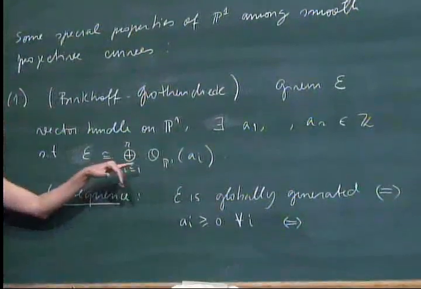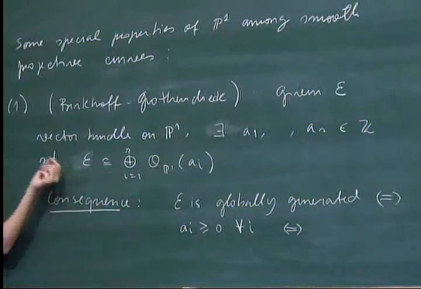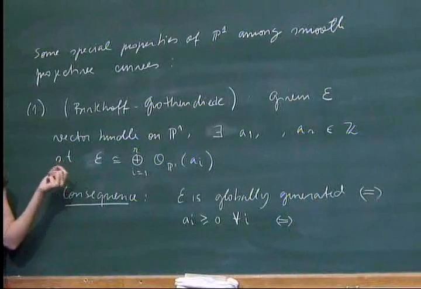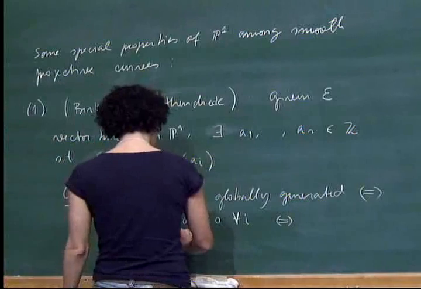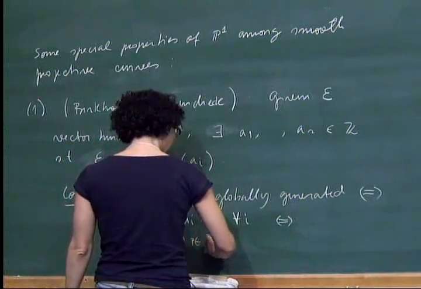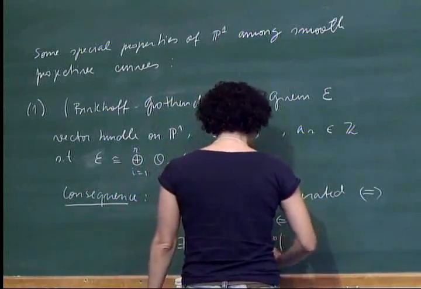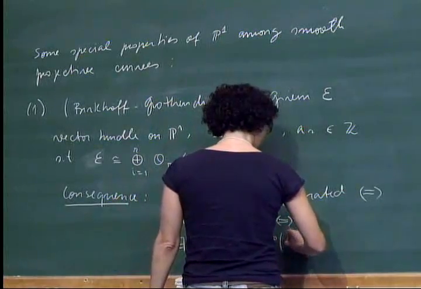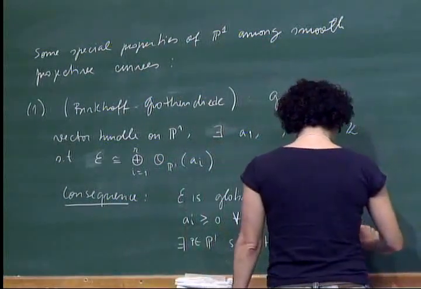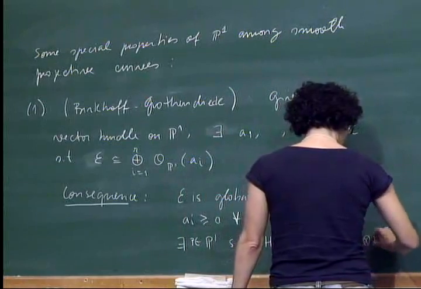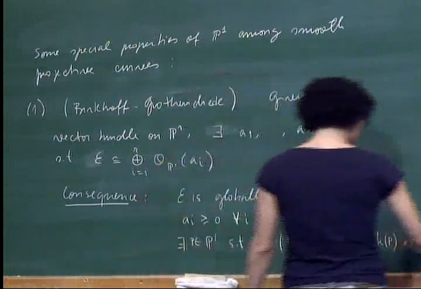Now, if you think about this a little bit, you see easily that in order to check that E is globally generated, you only have to check that it's generated at one point. So this is equivalent to saying that there exists a point p in P1 such that the evaluation map from H0(P1, E) to E at the point p is surjective.